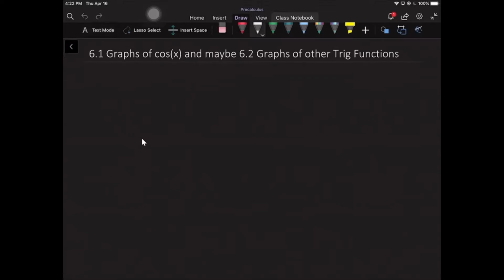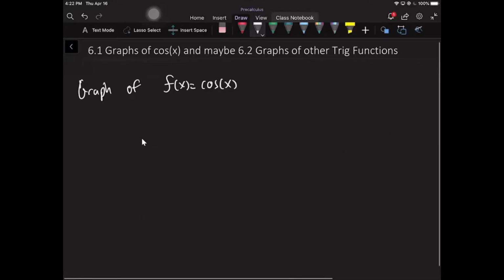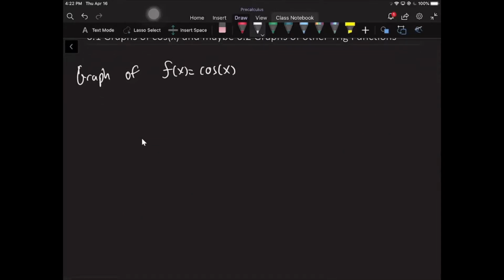So we're going to start off by just doing the graph of cosine of x, the same way we did sine of x, and then all the transformations are going to work the same, so that's the nice part. So how do we first get the graph of cosine of x? Well, we start by plugging in these nice angles.